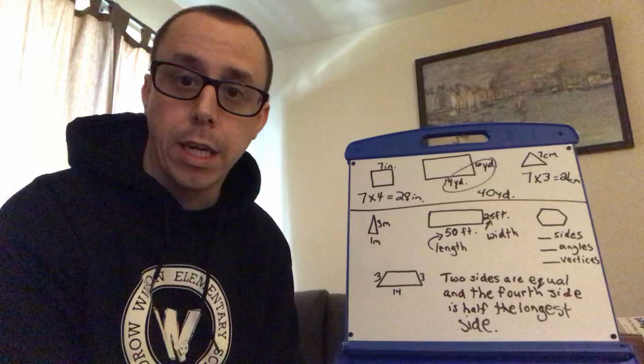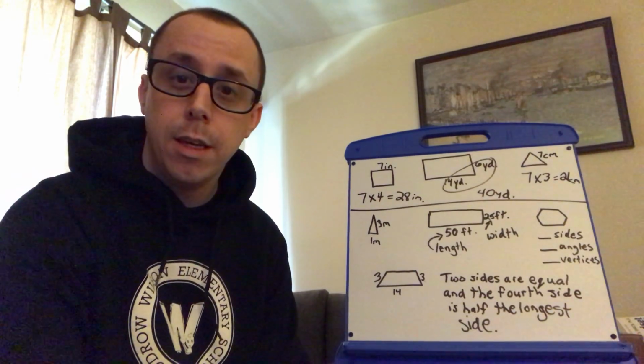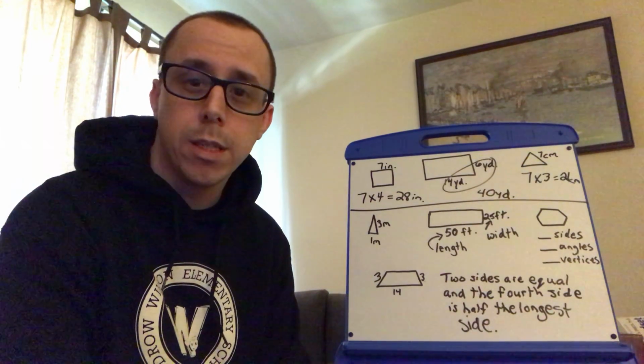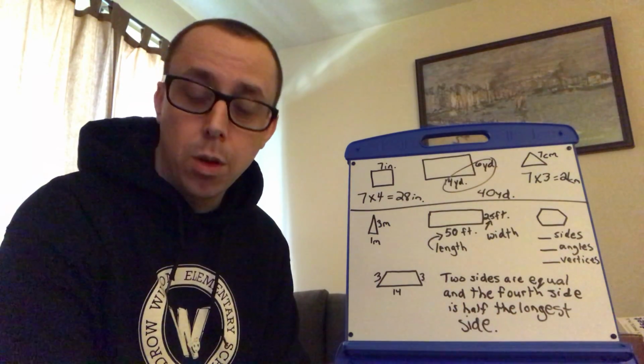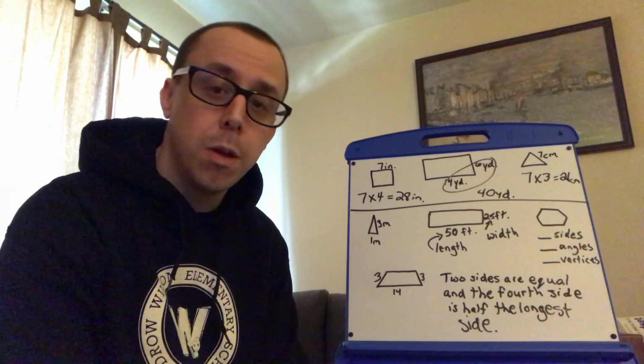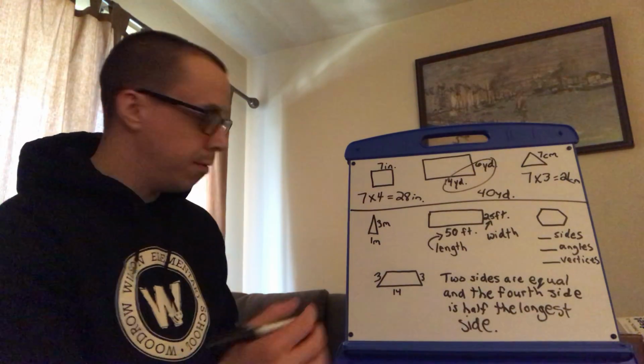Here in this triangle, this is not, and you won't see this in your work today, but I wanted to bring it up. This is not an equilateral triangle. This is an isosceles triangle. Isosceles, I'm going to write it out for you.